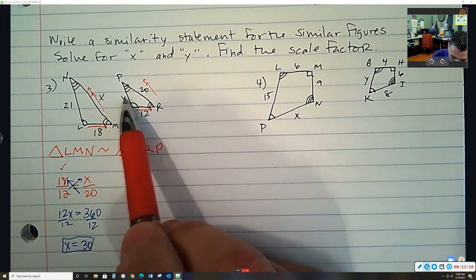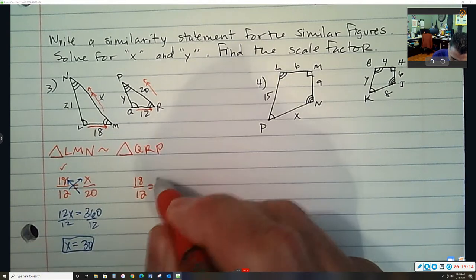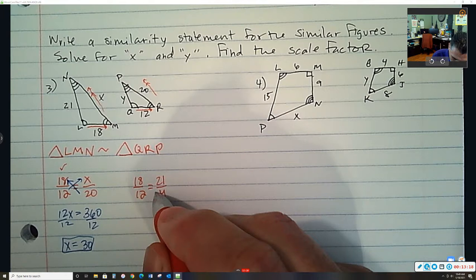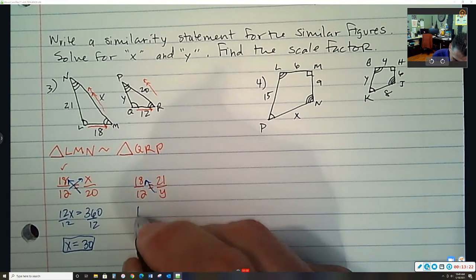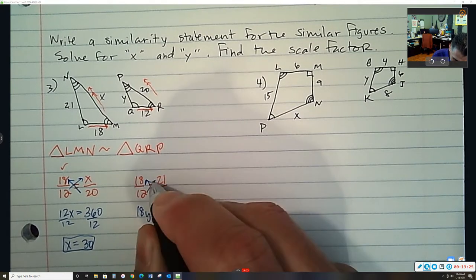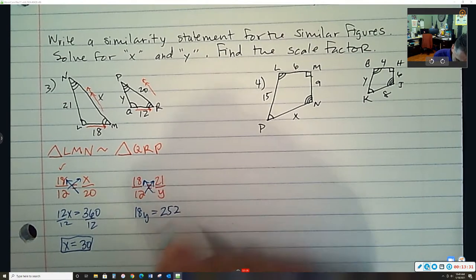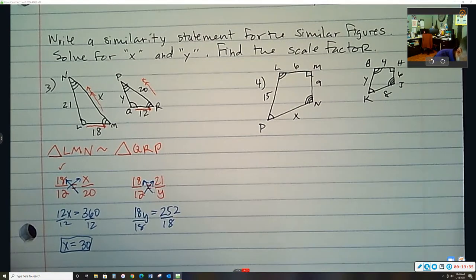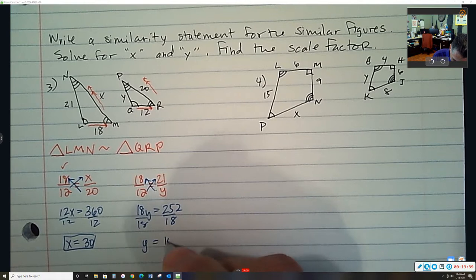Y is the side on the left, so I'm going to take this number, 21 over y. And then again, solve this. Multiply this, that's 18 times y. Multiply these, 12 times 21. You get 252. Divide by 18, divide by 18. 14. Y equals 14.